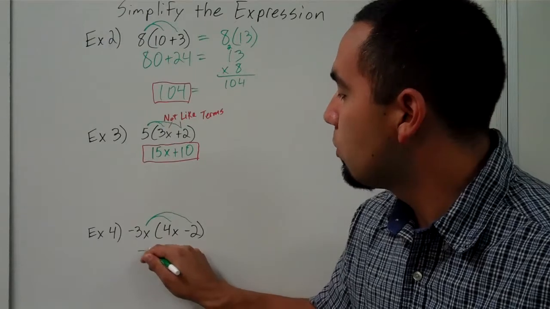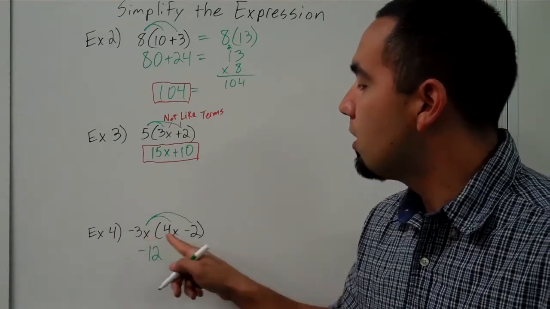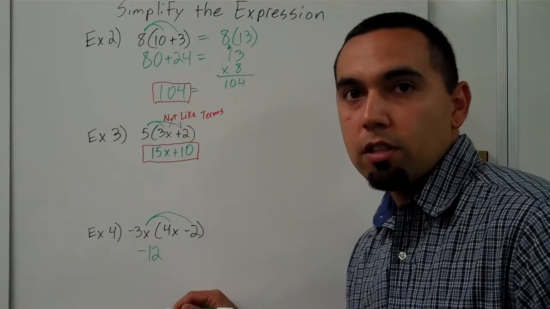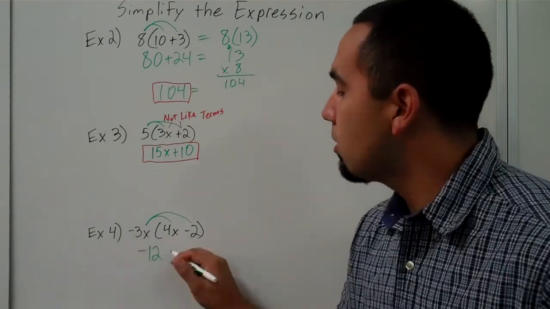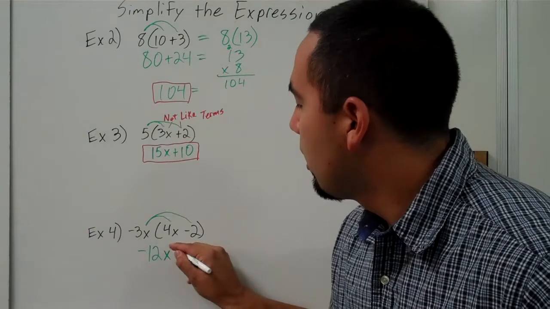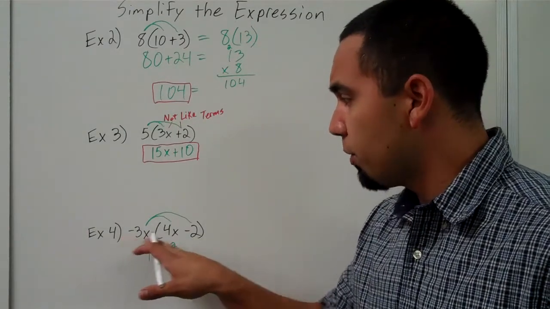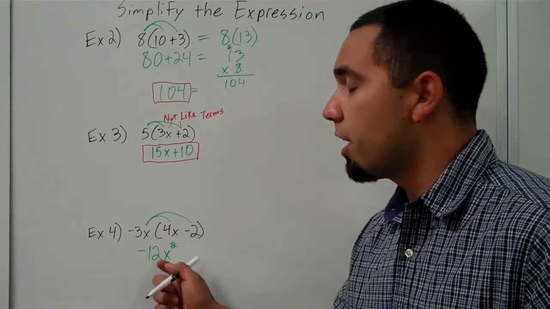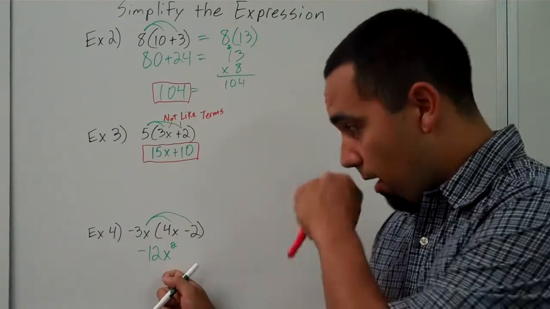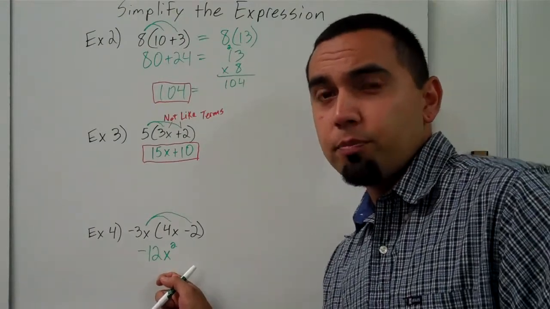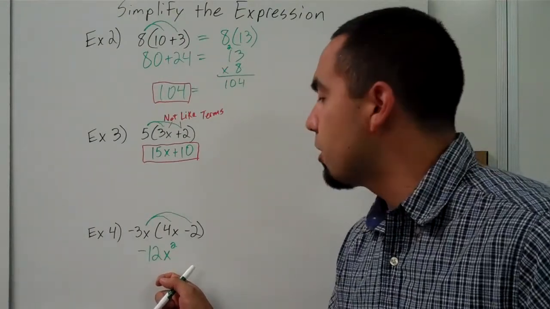That's negative 12, but I also have this x and this x, and whenever we multiply variables together, x times x, we always get x squared. So negative 3x times 4x gives us negative 12x squared. If you have any questions on that, make sure you ask them during class, and I'll make that a little bit easier to understand.